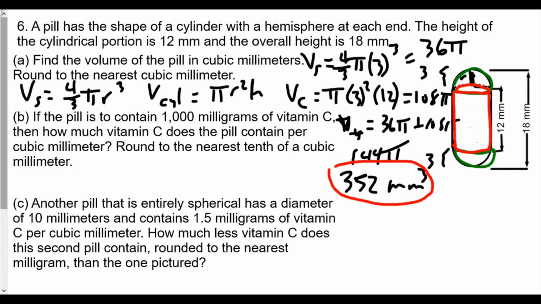For part B, we have 1,000 milligrams divided by 452 cubic millimeters.